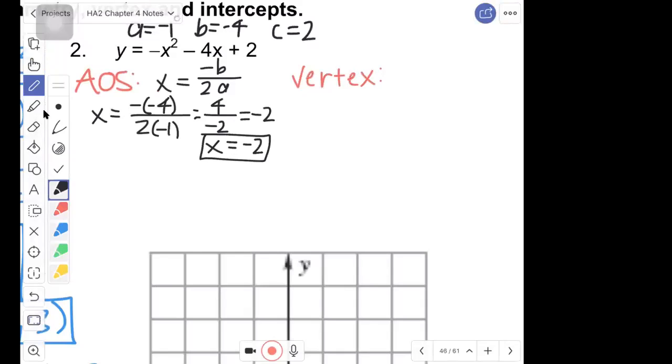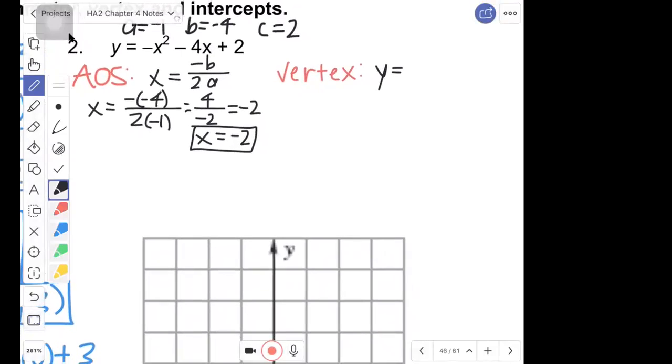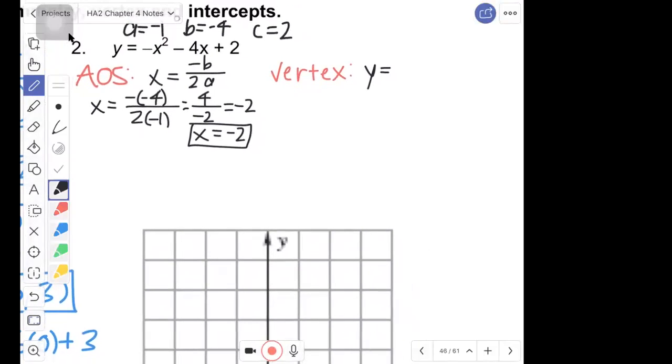And Madison, can you tell me what you got as your vertex? I didn't get there yet. Wait, hold on. Oh, sorry. I'll give everyone another minute.